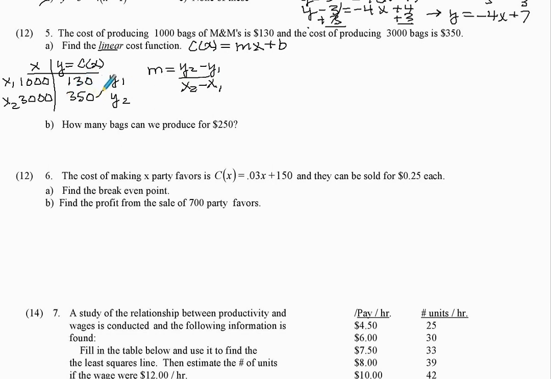So y2 minus y1 up on top, 350 minus 130. And then down on the bottom, x2 minus x1 here, 3,000 minus 1,000.